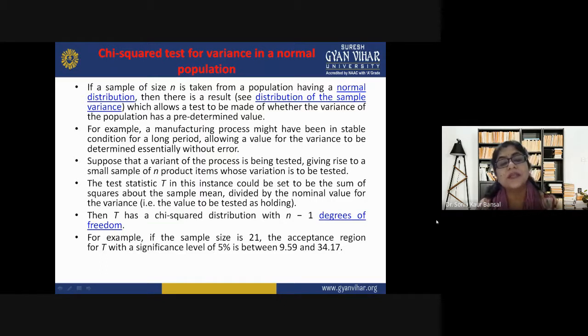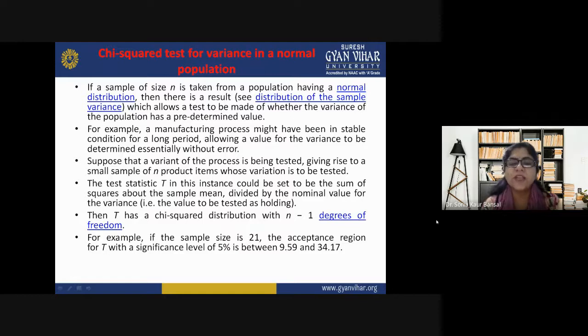Suppose that a variant of the process is being tested, giving rise to a small sample of n product items whose variation is to be tested. The test statistic T in this instance is the sum of squares about the sample mean divided by the nominal value of the variance. If the value being tested holds, then T has a chi-square distribution with n minus 1 degrees of freedom.